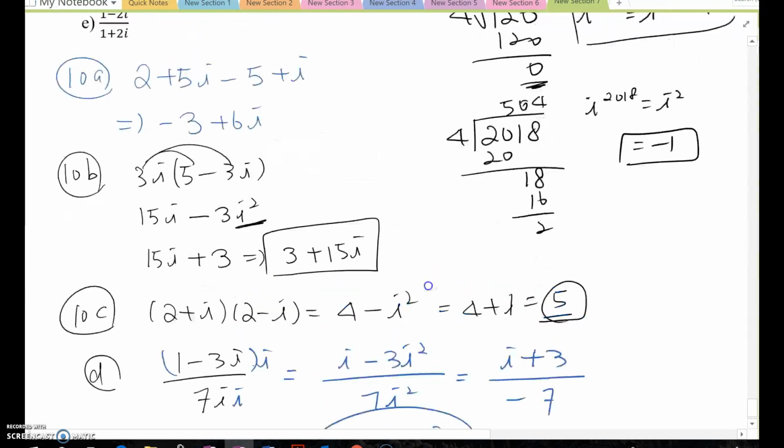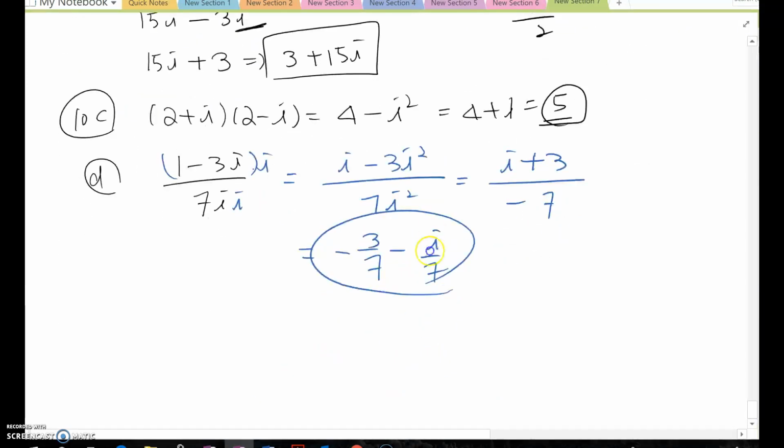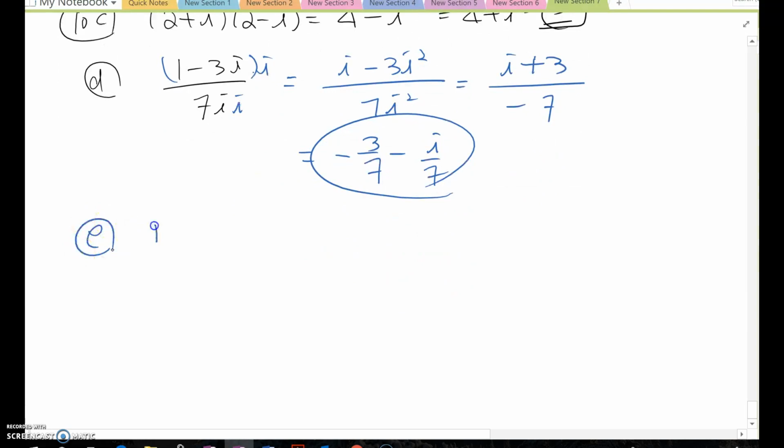Okay. The last one, e. So, e is (1 minus 2i) over (1 plus 2i). Unlike d, it has a complex form in the denominator, which means you need to multiply by its conjugate. So, multiply top and bottom by 1 minus 2i. The bottom becomes 1 minus 4i squared.